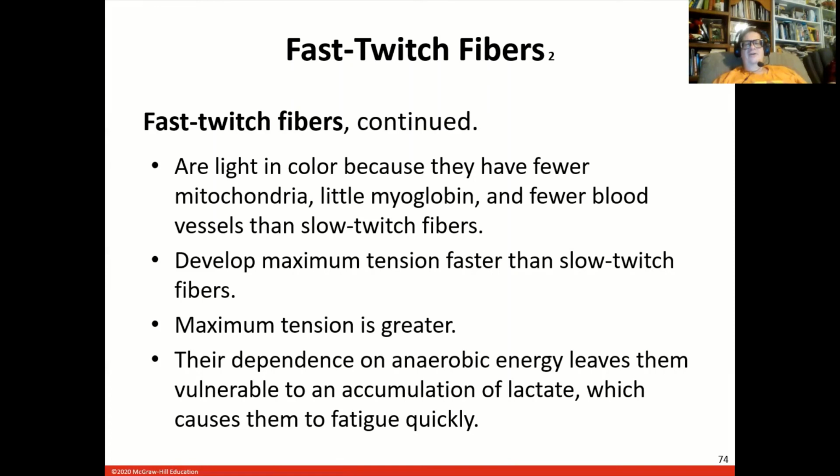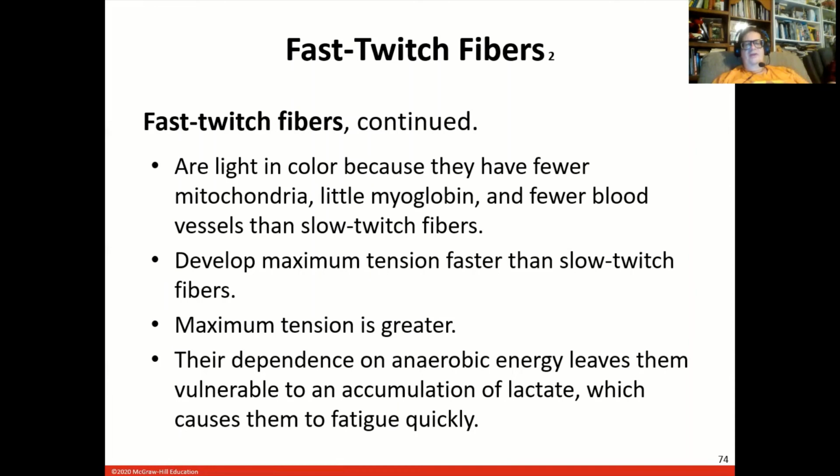They don't have much myoglobin because they're not delivering oxygen. They have fewer blood vessels because they're not depending on oxygen. They develop tension faster than slow twitch muscles, and the maximum tension is greater. So these things contract fast and they contract hard.